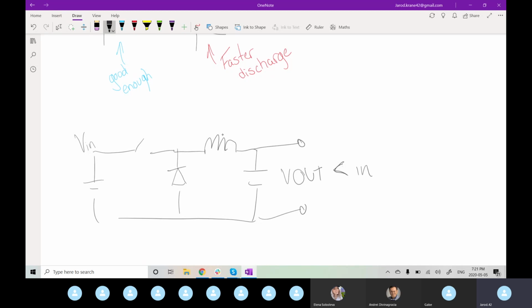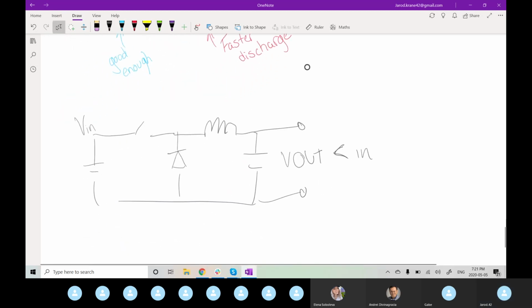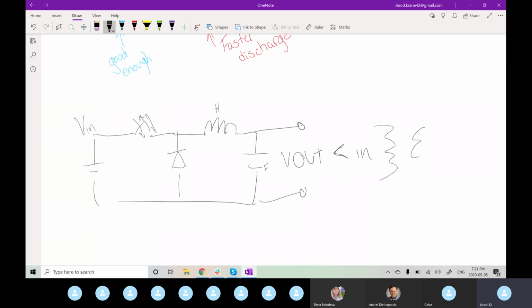It's dependent on what your values for your components are, and then it's also dependent on how fast you're switching this on and off. So if we were to take this a level further and say we wanted to make this isolated from whatever is on the output, there are other transformer styles of the buck converter.